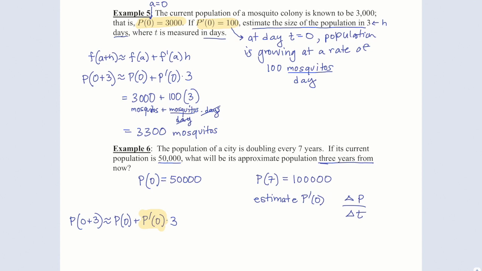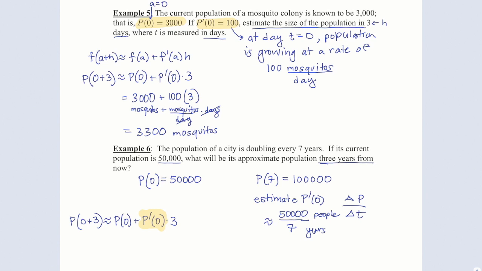And we can see, well, over 7 years, we are told that the population is going to double, which means it's going to change by 50,000, which we've got from 100,000 minus 50,000. So we would say, well, from the information that's given, we can say p prime of 0 is approximately 50,000 people per 7 years.